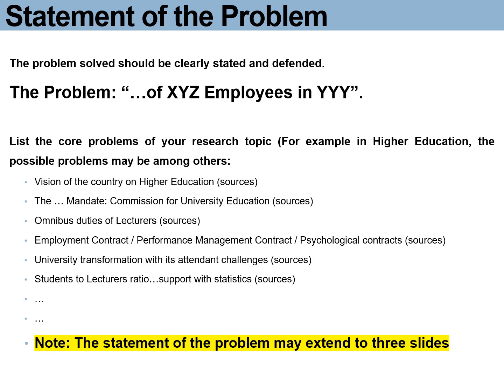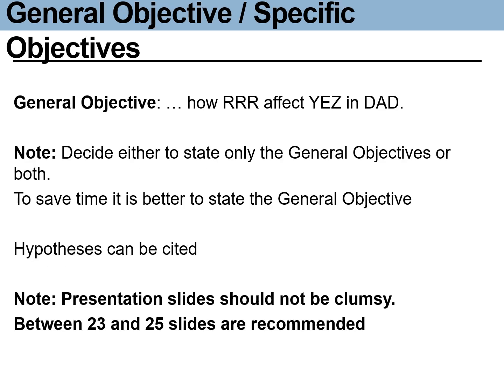For example, you can look at the vision of the country in respect of higher education, the mandate of the Commission for University Education, the omnibus duties of lecturers, employment contract, university transformation, students to lecturers ratio. The statement of the problem may be up to 3 slides, because that is the core of your research.